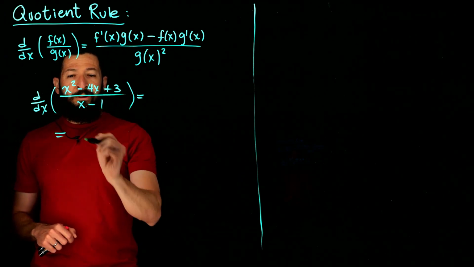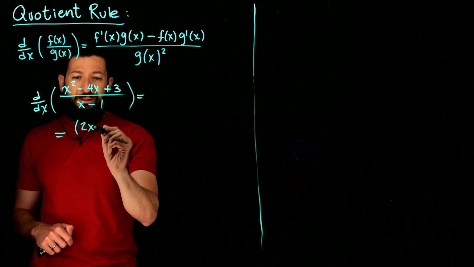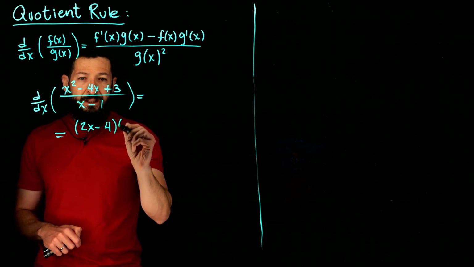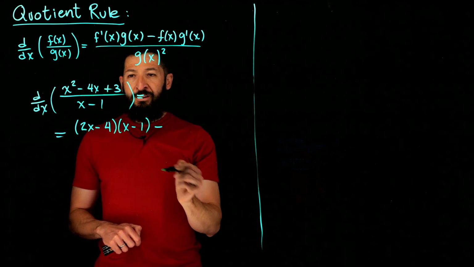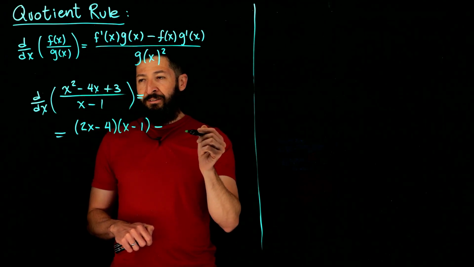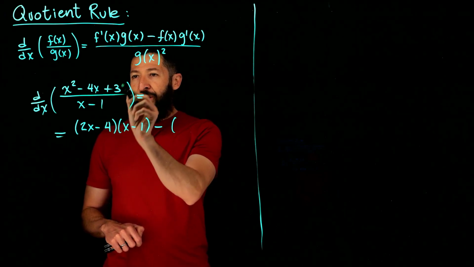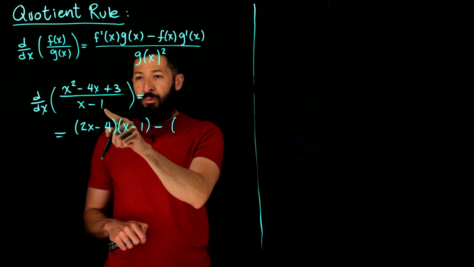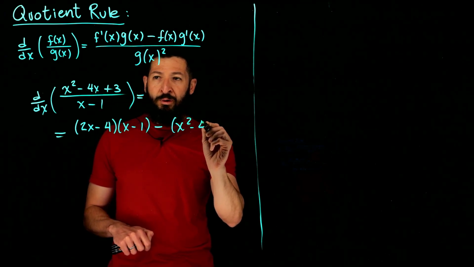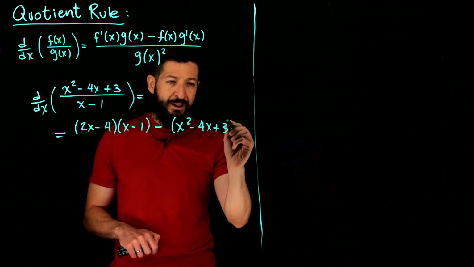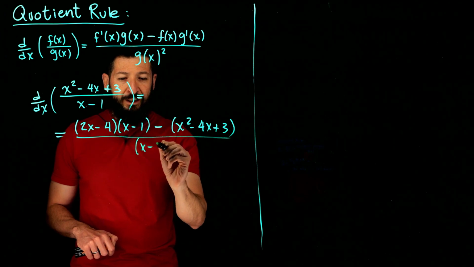The derivative of the numerator, 2x minus 4, times x minus 1, which is the denominator, minus the derivative of the denominator, which is 1, times the numerator, x squared minus 4x plus 3, all over the bottom squared, which is x minus 1 squared.